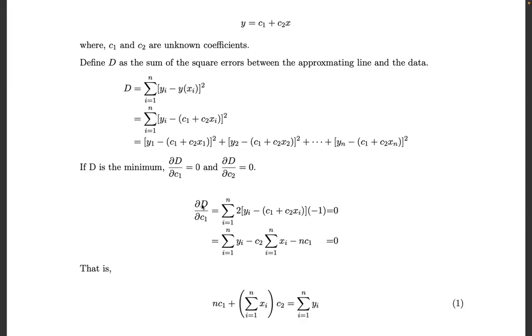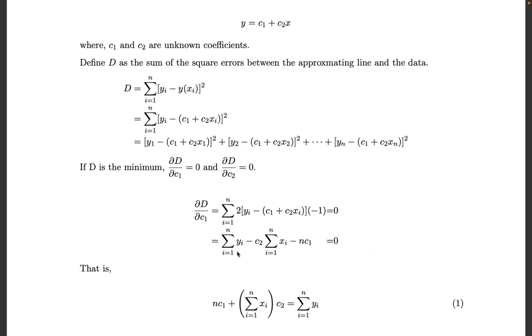Partial D over partial c1: the sum from i equals 1 to n of 2 times (yi minus (c1 plus c2 xi)), and for c1 the derivative is minus 1, and this equals 0. We said before this partial derivative should be 0. Then 2 times minus 1 is minus 2, a constant that cancels out, since 0 divided by minus 2 is 0.